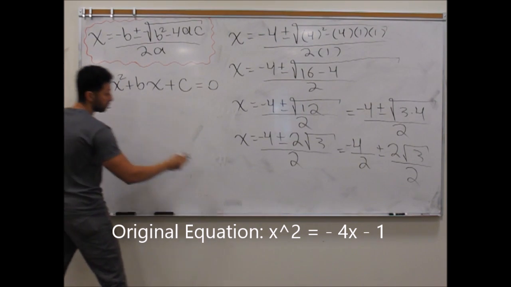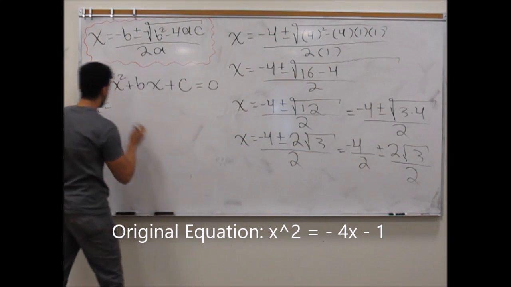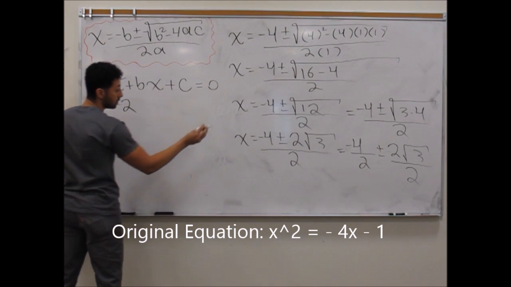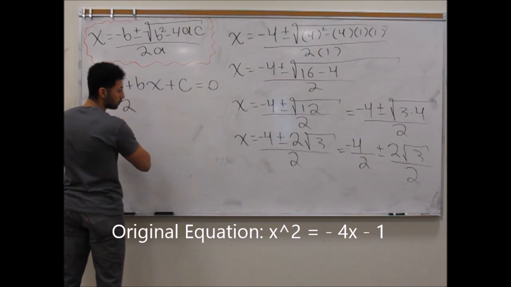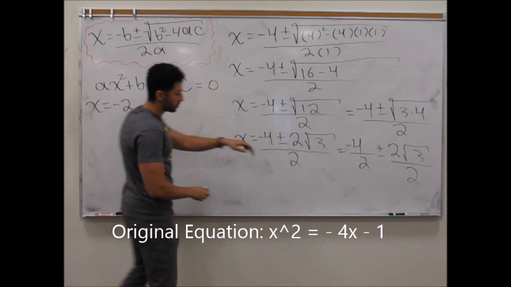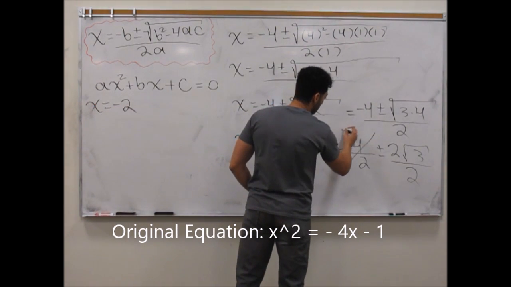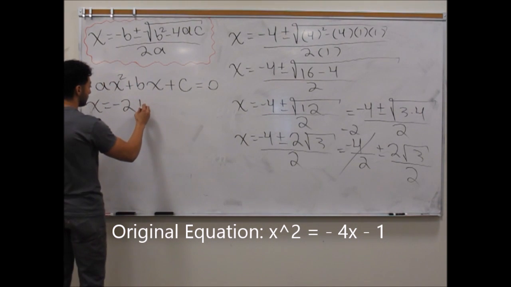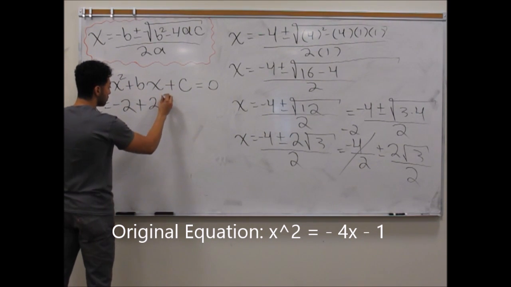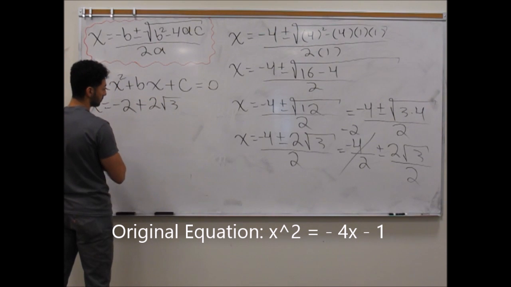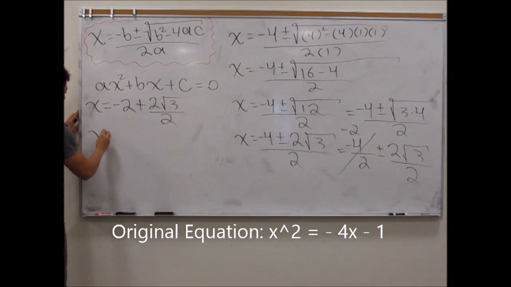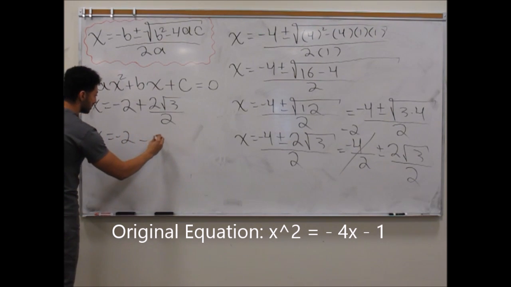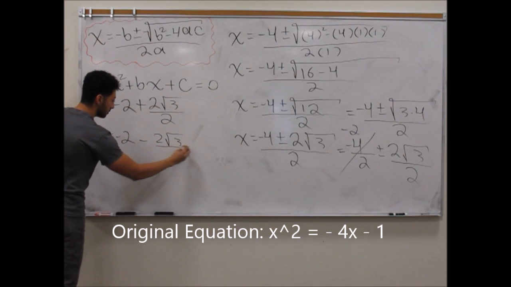So we have x is equal to, well, negative 4 over 2 is just negative 2. So this just comes down to negative 2, right? So then you got negative 2 plus that and negative 2 minus that. So negative 2 plus 2 rad 3 over 2. And then you got x is equal to negative 2 minus 2 rad 3 over 2.